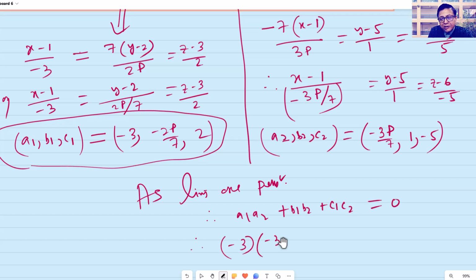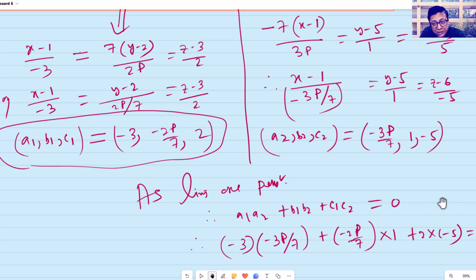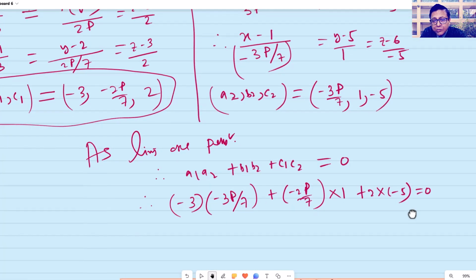So -3 into -3p by 7 plus, clear to you? Just A1 A2 plus B1 B2 plus C1 C2 equal to 0. So this will give us 9p by 7, 2p by 7 equal to 10. Take it on the right side.